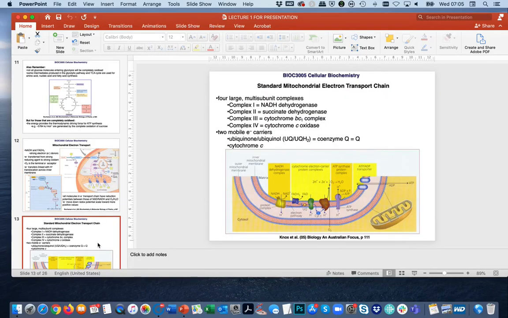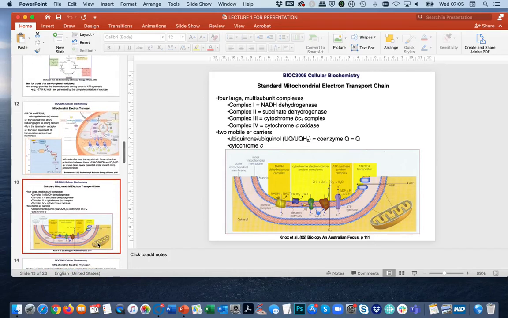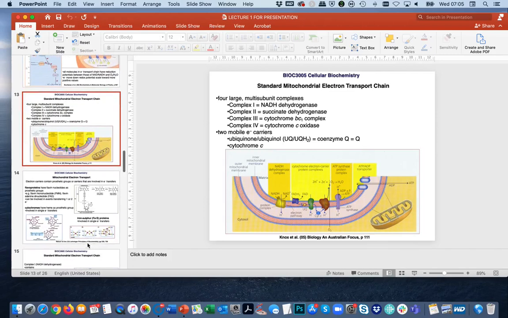A reminder about what makes up the mitochondrial electron transport chain. There are 4 large multi-subunit complexes, and the simple names you might remember are complex 1, 2, 3, and 4. Okay, so those are the simple names.